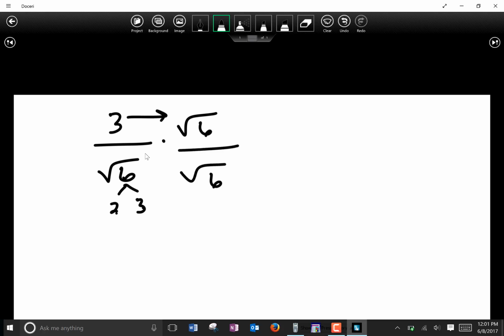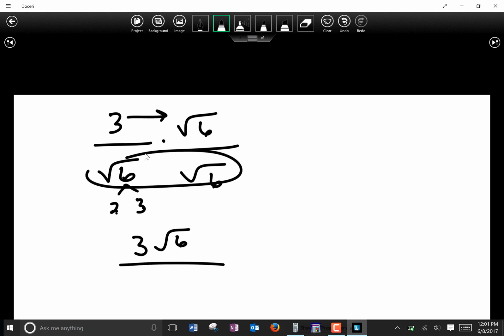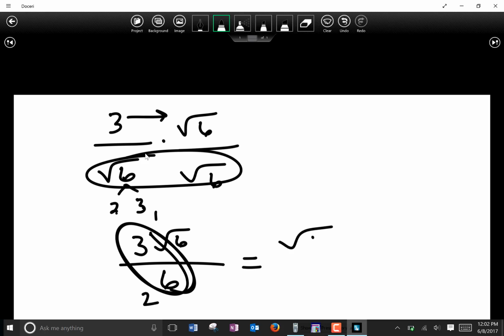And I would get on the top 3 times the square root of 6. And on the bottom, there's 2 of them, so I would get a 6. And because this is a fraction that can be reduced, I reduce that down to 1/2. And my final answer ends up being square root of 6 over 2. So those are some basic math things that you should have had sometime in the past, but maybe you don't remember. Let's do one more.